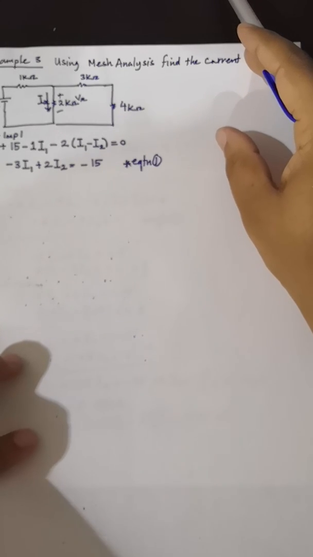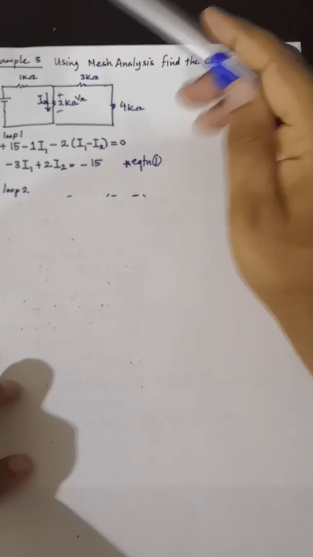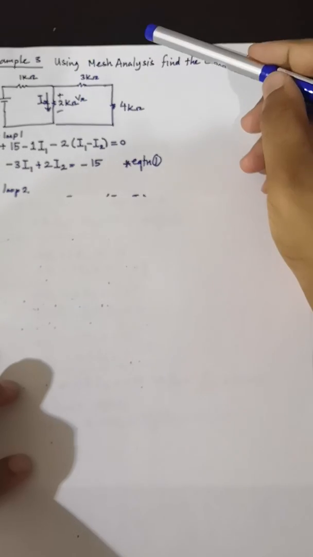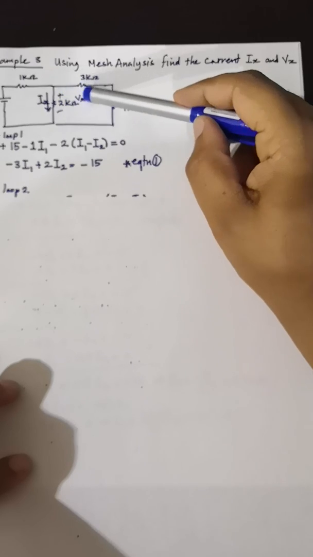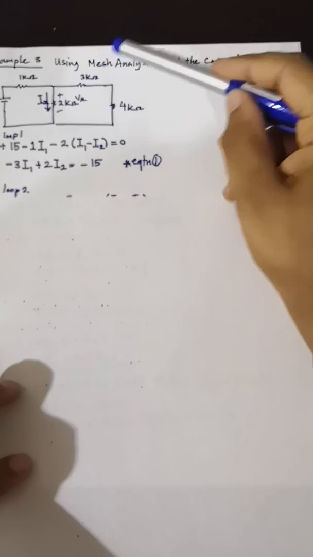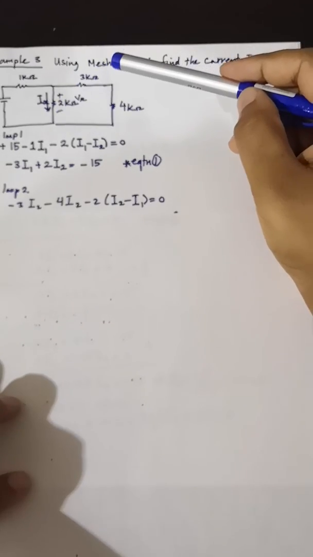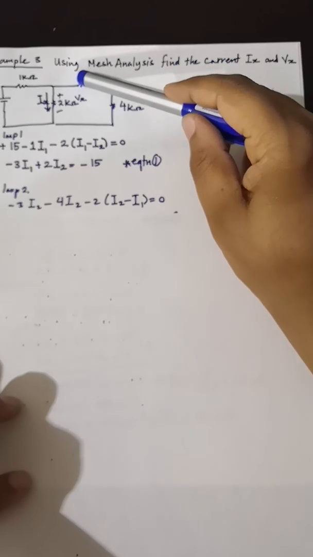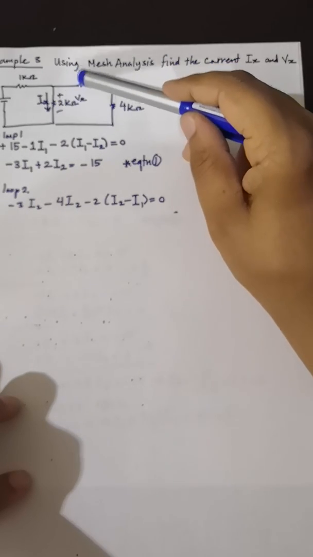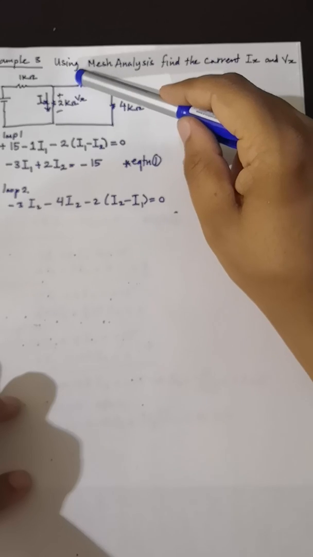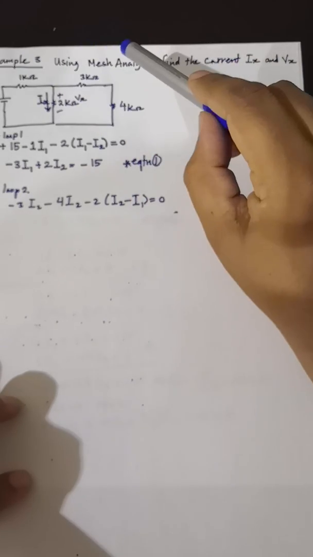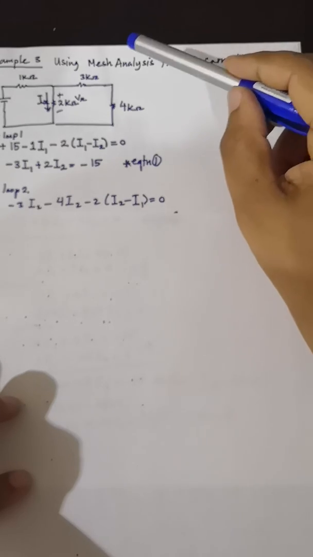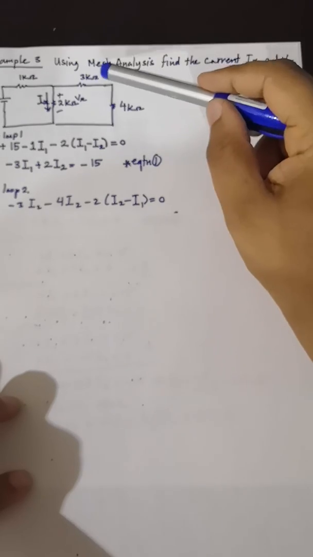We go to the second loop. So we go for loop 2, we will start here. We have I2 here. So minus 3 I2. The voltage across here will be minus 3. As I said before, we always use minus sign for resistor. This will simplify our work.